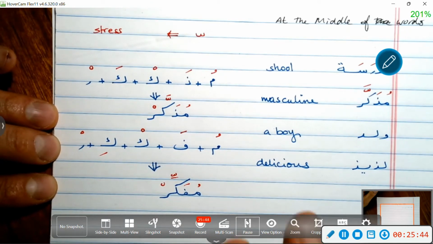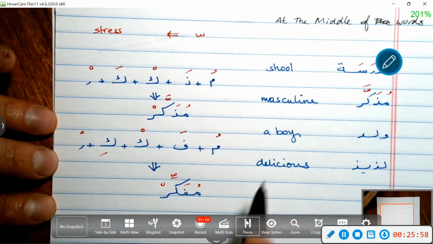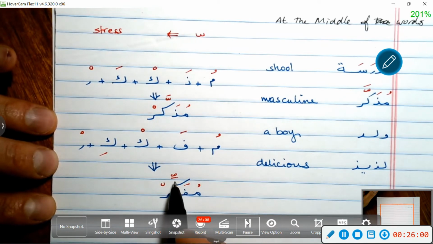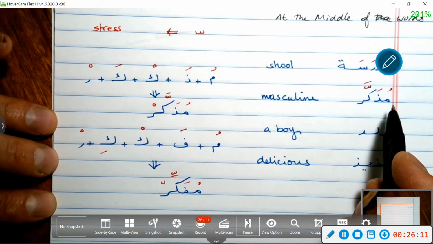The first letter always has sukoon, and the second letter is going to have haraka. All you need to know for now is when there is shadda, it can take fatha or can take kasra. So now we have mudakkar, which is masculine. We have mufakkir, which is a thinker.